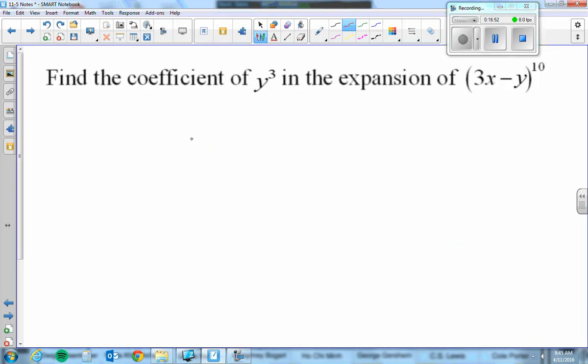Look at the next one. Let's set this thing up. Once again, I would set up the Binomial Theorem. So it goes n choose j, a to the power of what? Good. And then -y to the power of j. So what do we want j to be this time?